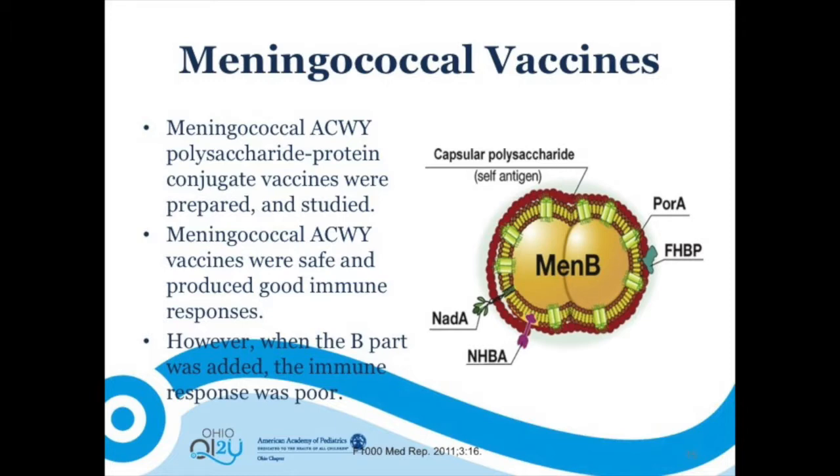A self-antigen means that it looks like a normal part of the body, and therefore the body does not recognize it as foreign and make good immune responses to it. So the meningococcal ACWY polysaccharide protein conjugates progressed through the clinical trial process and were licensed in the United States, while scientists were still working on a vaccine against Meningococcus serogroup B.